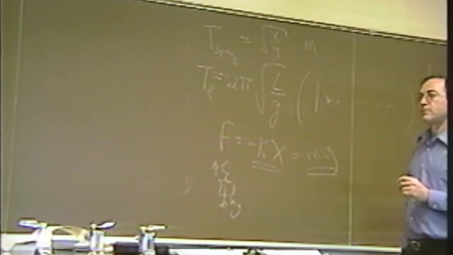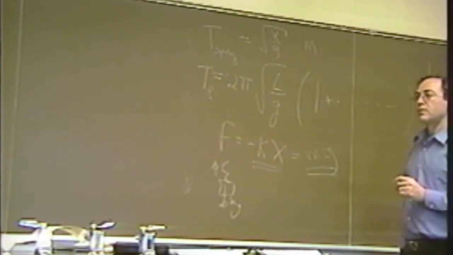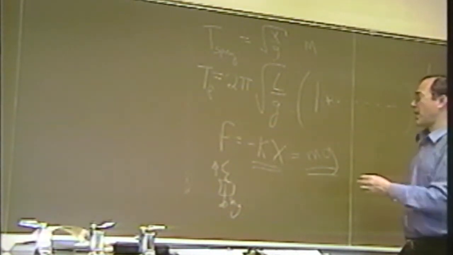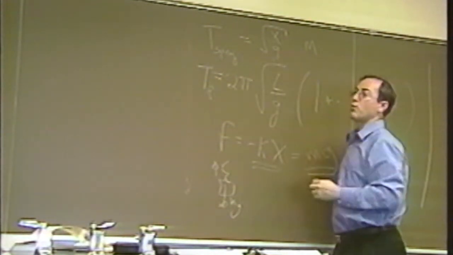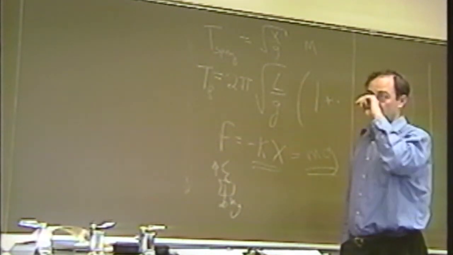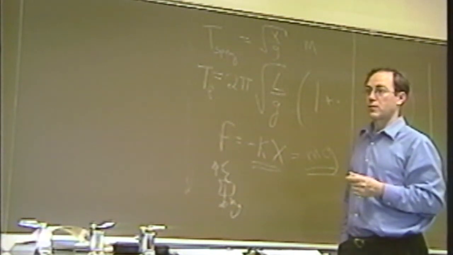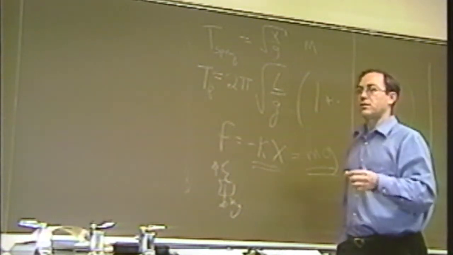Should that be in there or should that be in there? The K is one of the factors in here, so it certainly could play a role. Why would it play a role? Well, we're trying to get the period T of, let's say, one complete cycle.